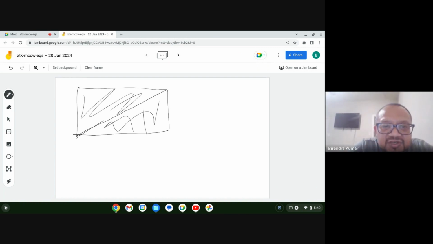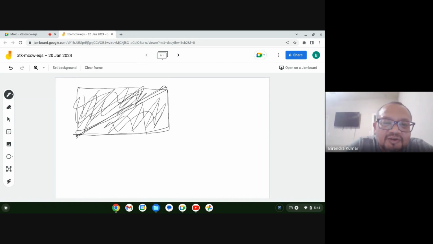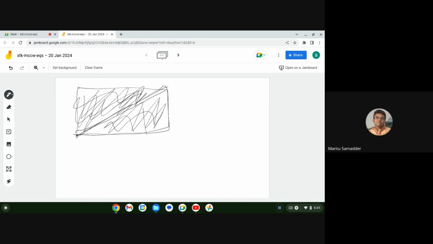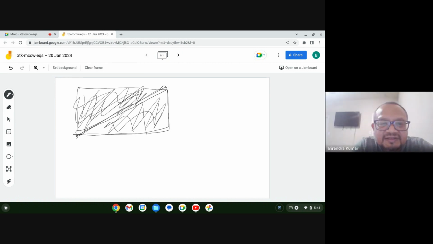By joining these two vertices, you split the rectangle into two parts. The whole area of this rectangle got divided among two brothers, or two siblings. So the area of this triangle is half of the area of the whole rectangle.